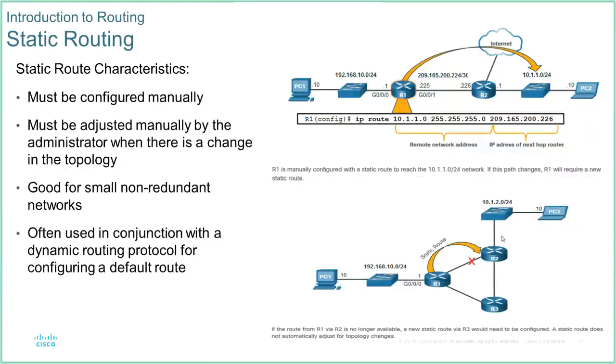They do not learn, but they are very good on small networks. Like in this example here, there's only one path, so having a static route is perfectly acceptable. Where we've got multiple routes, it gets a bit more complicated.